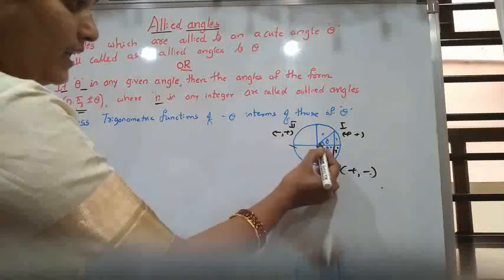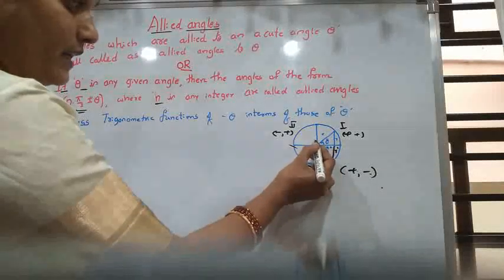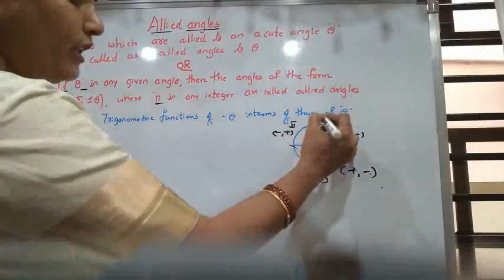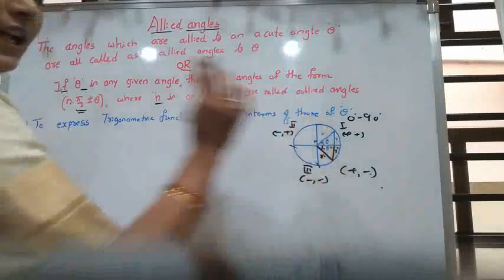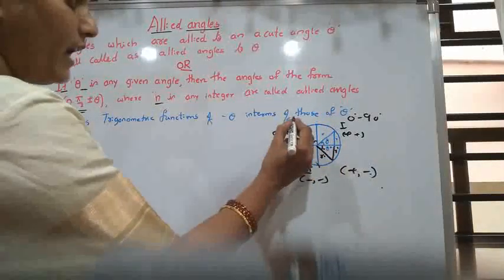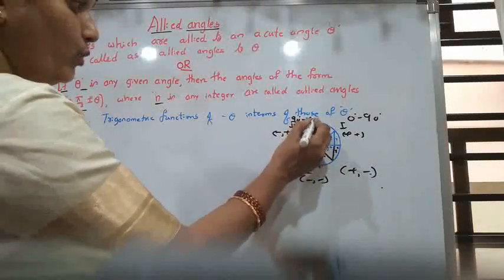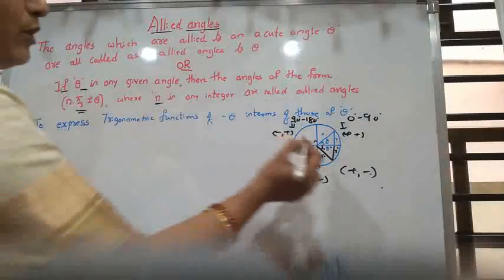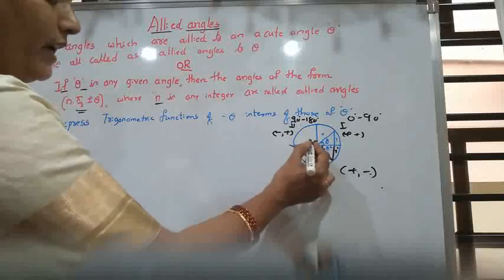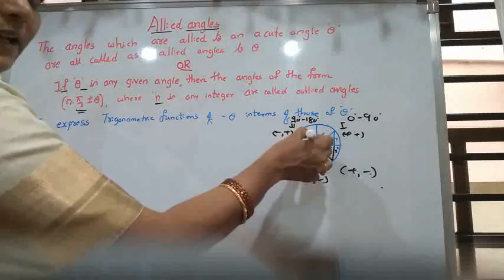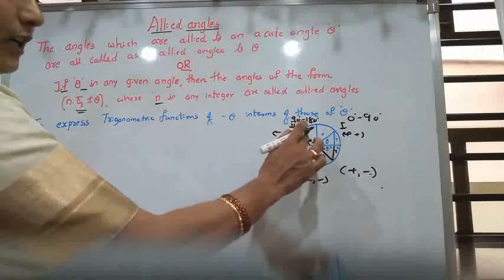If the angle is theta here, 90 plus theta will be lying here. In the first quadrant, the angles between 0 to 90 degree are lying. In the second quadrant, the angles between 90 degree to 180 degree are lying. Suppose I have an angle theta here, 90 plus theta or 180 minus the complement of that angle will be lying in the second quadrant.